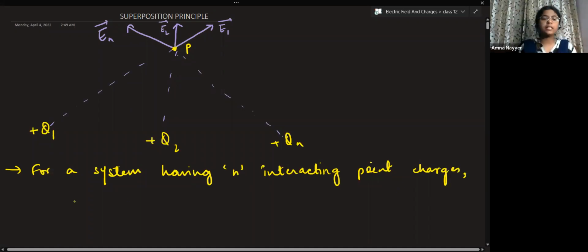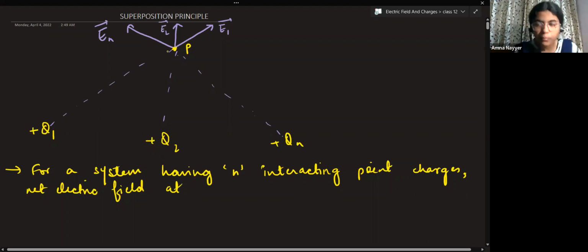So if you have n interacting point charges, the net electric field at a particular point, like in this case we have taken this point P, at a point is the vector sum. Why? Because electric field is a vector quantity.